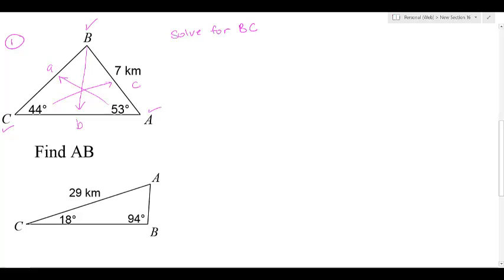Once you've labeled your sides with lowercase, let's refer back to the sine rule. We're solving for unknown sides, so it's a over sine capital A, b over sine capital B, c over sine capital C. That's our rule for unknown sides. We're going to substitute it in.